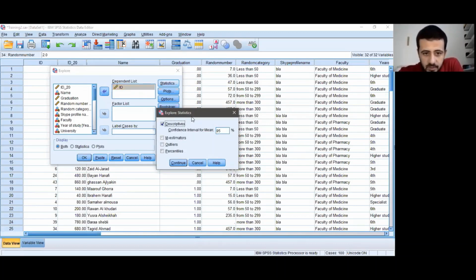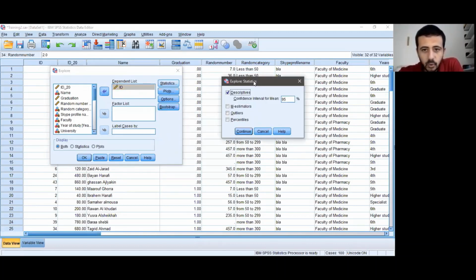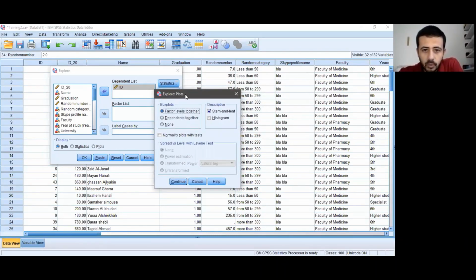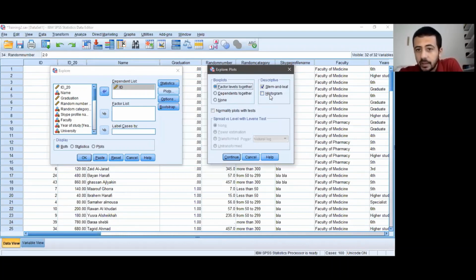For the statistics, do I need anything in here? I will check the outliers. For the plots, what do I need from here? I need a histogram, exactly.